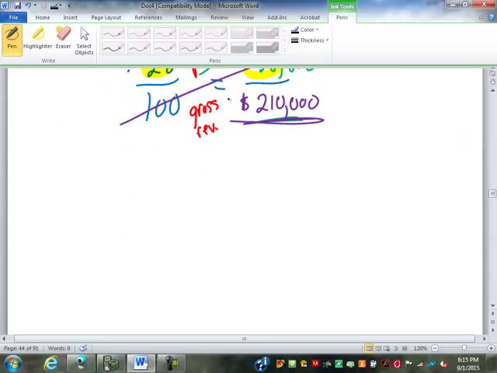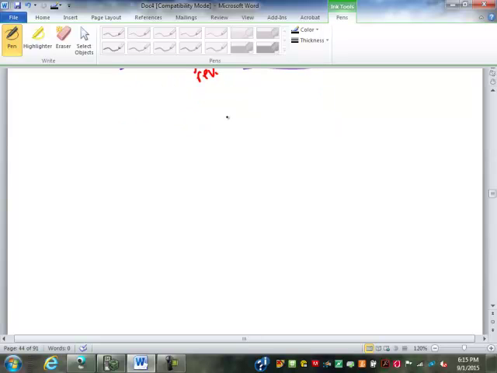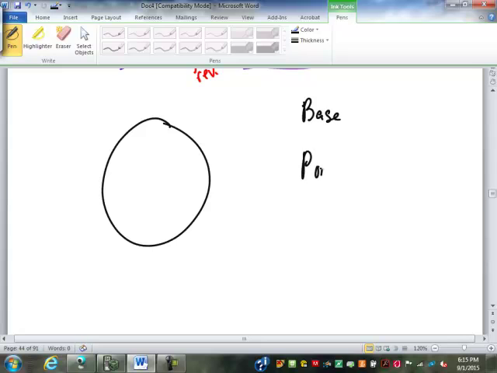Now your book uses a graphic for percents, not one that I particularly care for. But what your book does is this. It defines something called a base, a portion, and a rate. I'm never going to require you to know those terms, but if it's a way you prefer to do it, again, feel free.